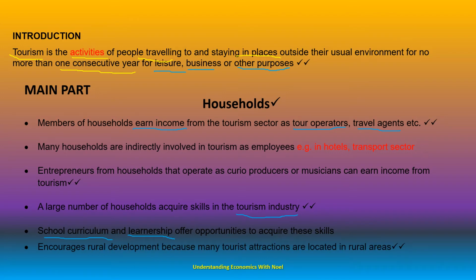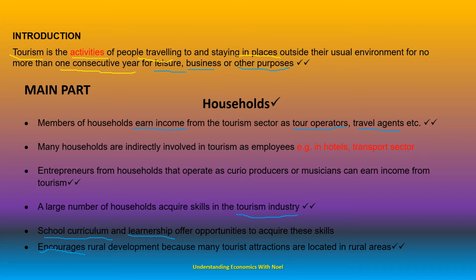Encourages rural development. Listen to this word, encourages rural development. Why do we need to go rural? We are avoiding the issue of centralizing all the activities in one area. Let's decentralize these activities. And when we look at rural areas, usually we have a lot of ecotourism.